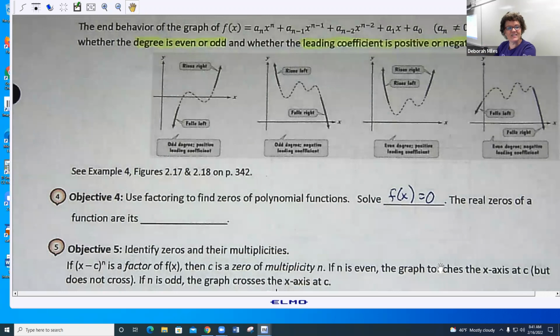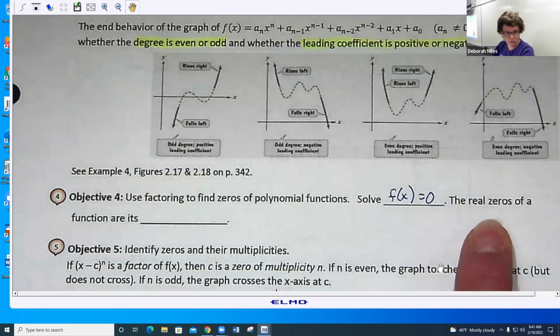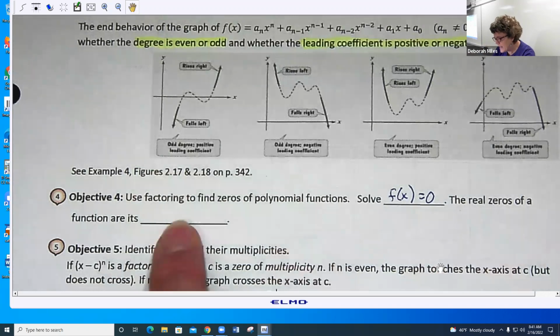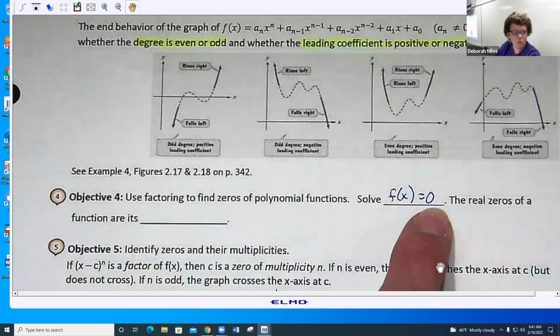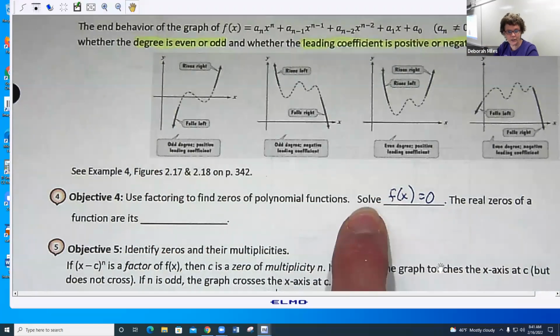You'll be finding the zeros of the polynomials, and the real zeros of the polynomials turn out to be what? You set the whole thing equal to 0, what are you finding? You're finding the x-intercepts. This is the same as setting y equal to 0, because y and f of x are interchangeable.